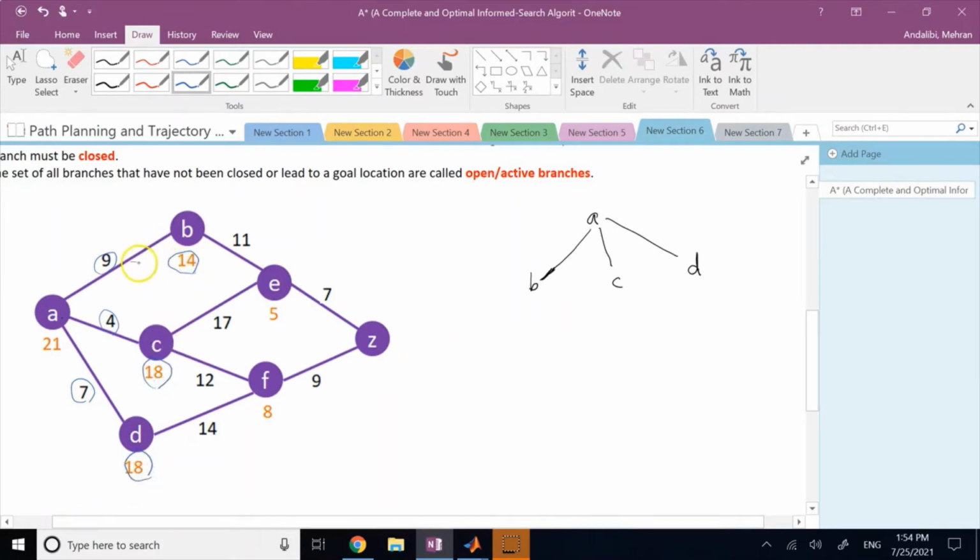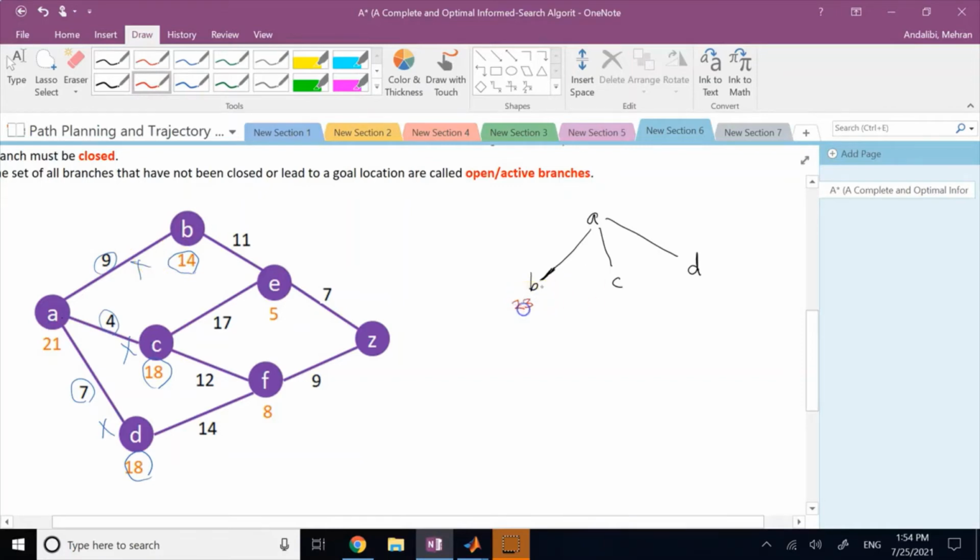So I have to add these two together, and these two together, and these two together to get the cost of going from your start point to B, C, or D. So the cost to go to B is 9 plus 14, which is 23.